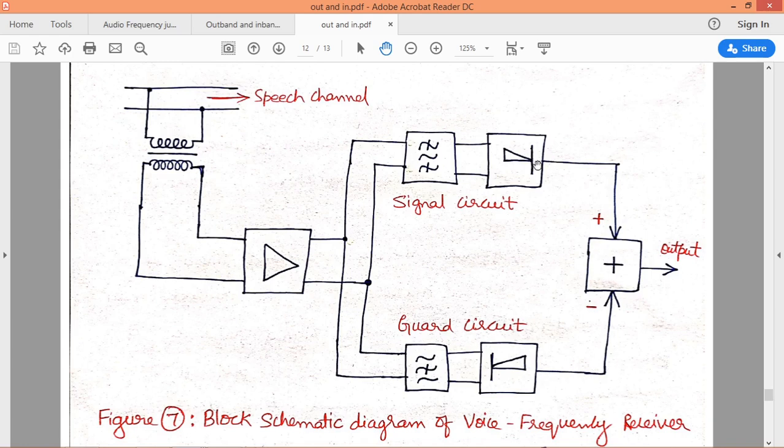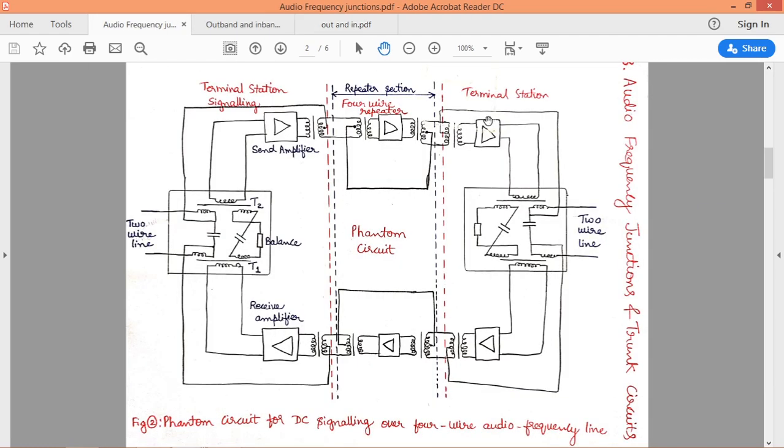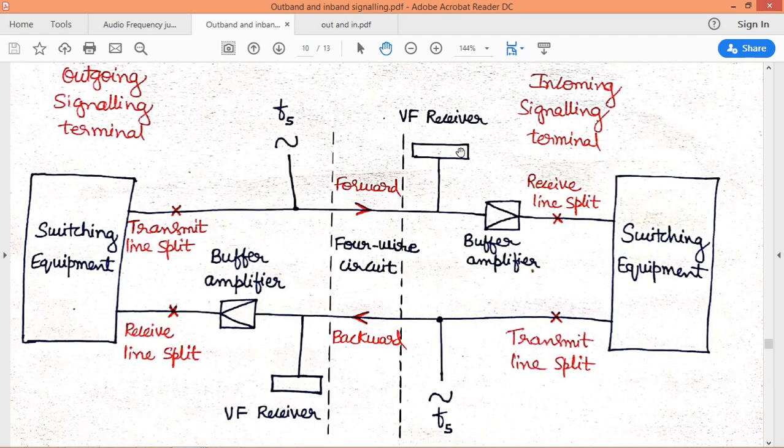So after this both signals are compared and output will be produced by the VF receiver, and we know whatever output is produced by the VF receiver will be given to switching equipment in the form of E wire.